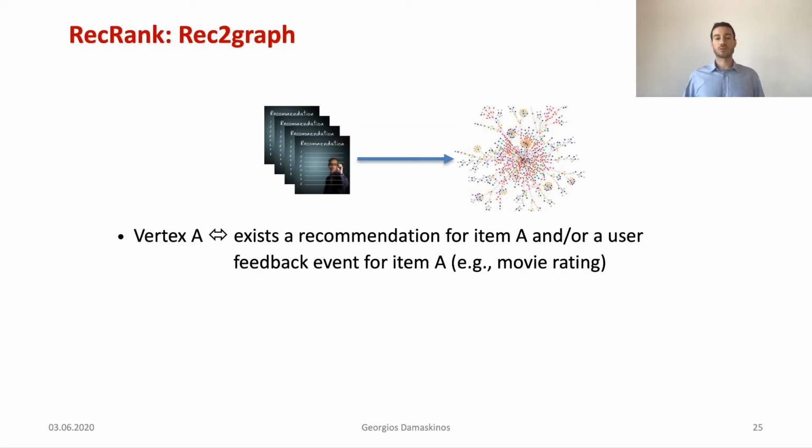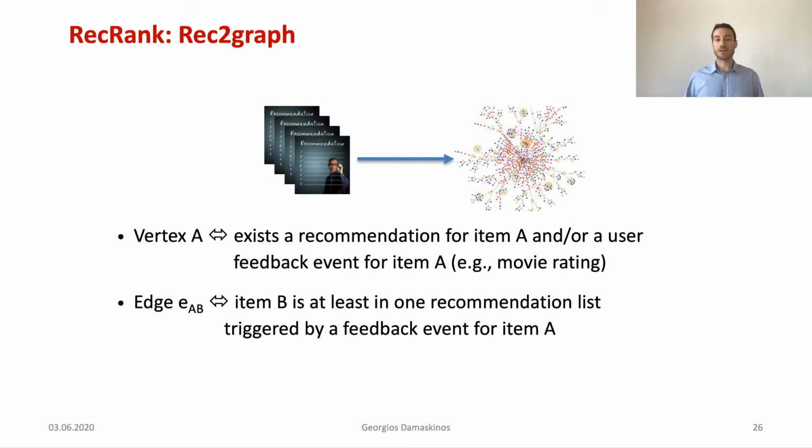How does rec2graph work? We add a vertex for each item that has been either recommended or a user provided feedback for this item. We add an edge between two items A and B if item B is at least in one recommendation list triggered by a feedback event for item A. For example, if I'm a user and I rate Godfather 1 and then I get a recommendation for Godfather 2, then we add an edge from Godfather 1 to Godfather 2.